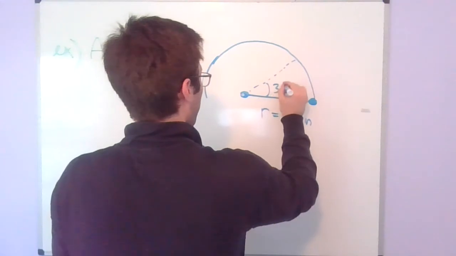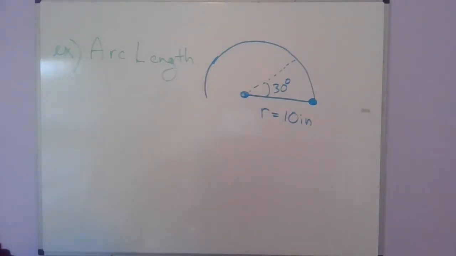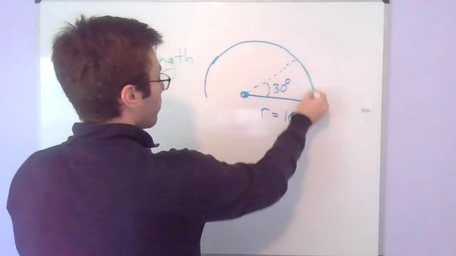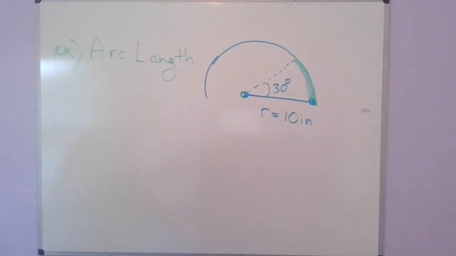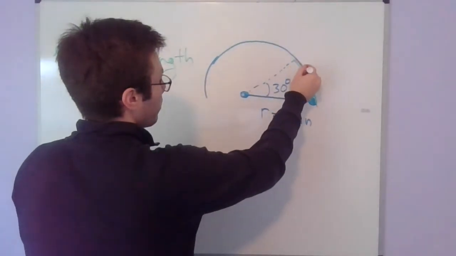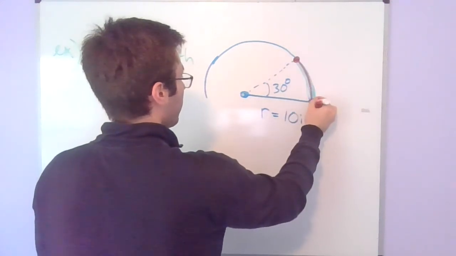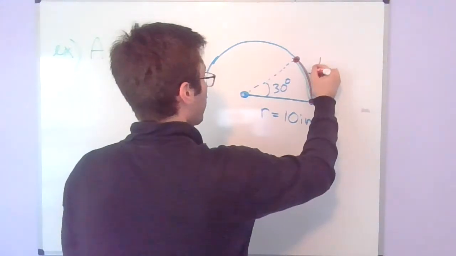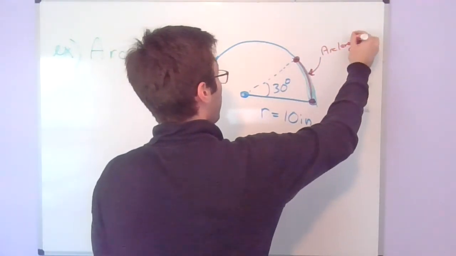Let's say this is 30 degrees. And we're asked to determine the arc length of just this part right here, which I'm going to make red. So we're asked to figure out what this distance is from here to here, and it's a curve. This is arc length. What does that equal?